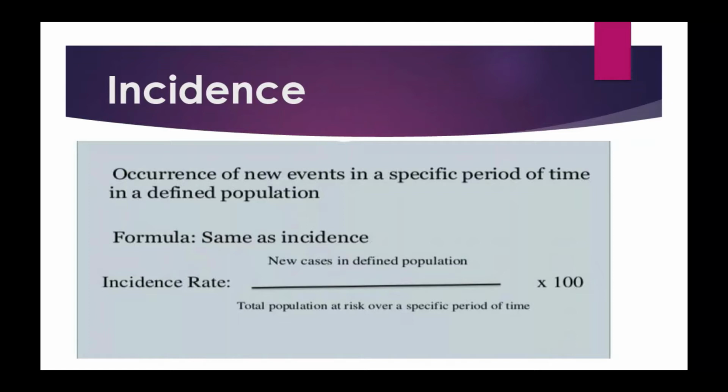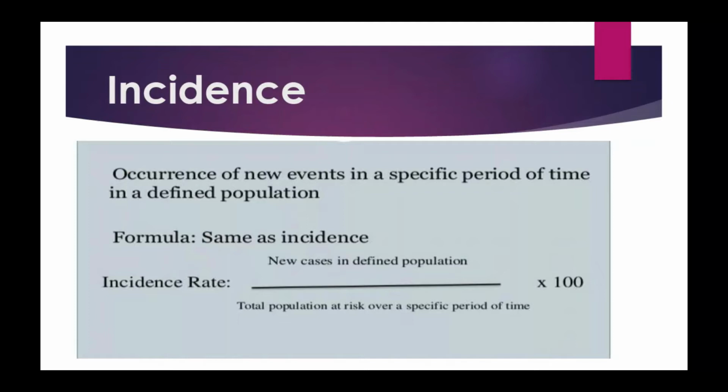So incidence measures the rate at which new cases are occurring in a population. It is not influenced by the duration of the disease. Incidence basically counts the new cases, meaning the population who are affected by the disease for the first time in a specific time period.